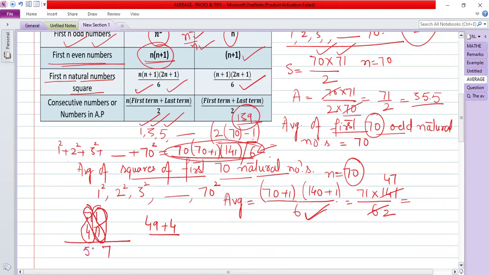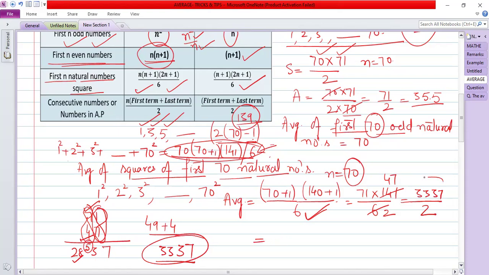Here I should write 3 and 5 will be the carryover. Then 7 into 4, 28. So first I will write 7, then I will write 3. Then this 5 and 28 will give us 33. So this will be the product, meaning we will have 3337 divided by 2.